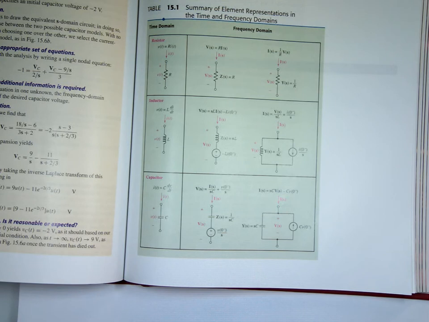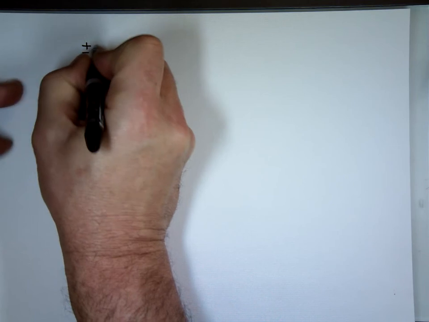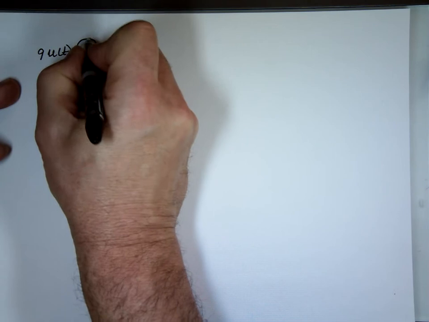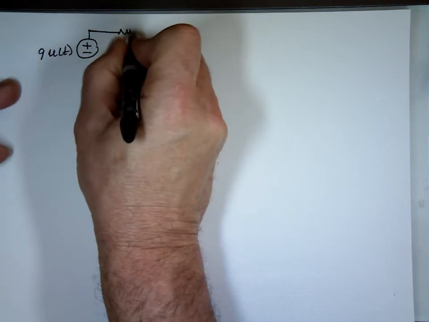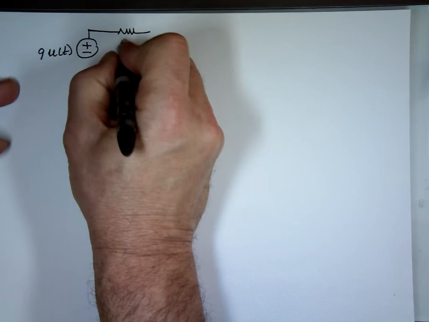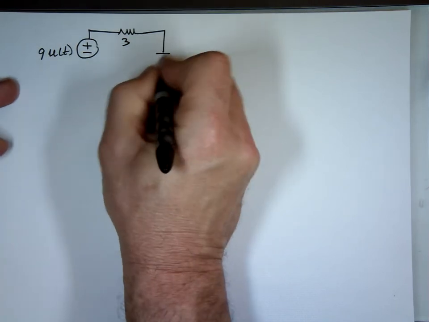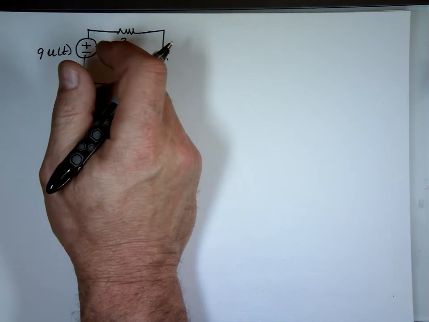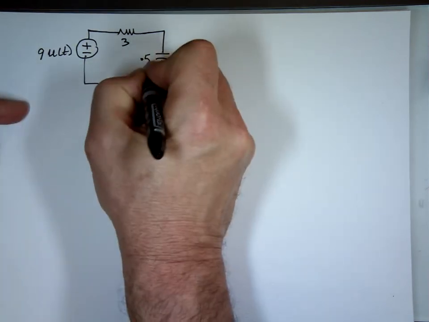This is going back to probably chapter 8 in our book when we did first time RC, RL circuits, before we get to RLC even. 9 U sub T, 3 ohms and a capacitor here of a value of 0.5. And the question, what is the voltage here across the capacitor?